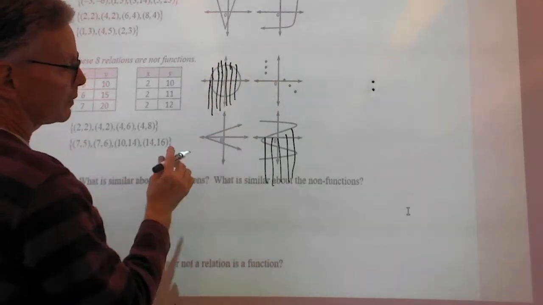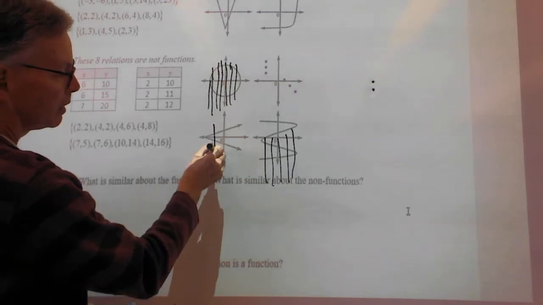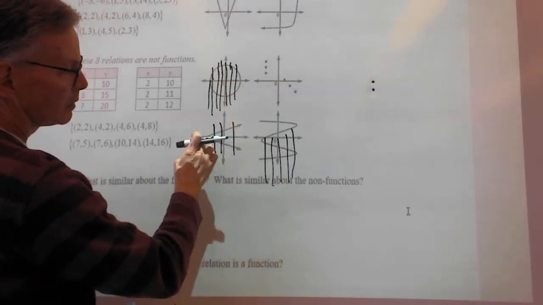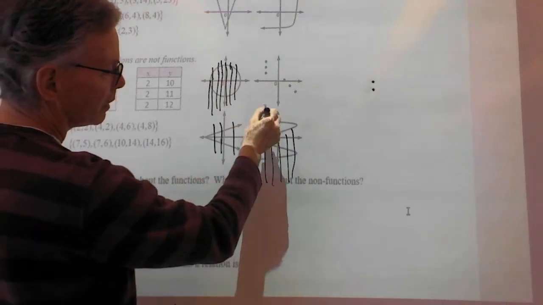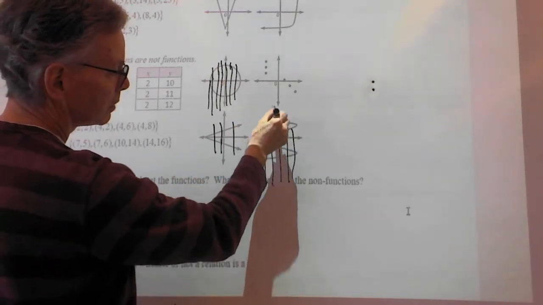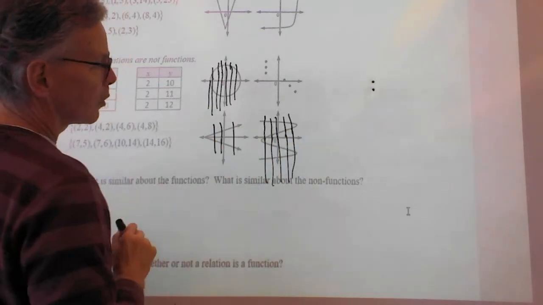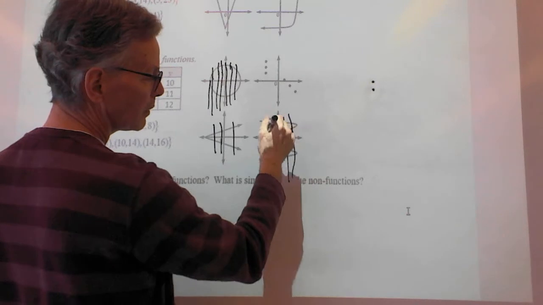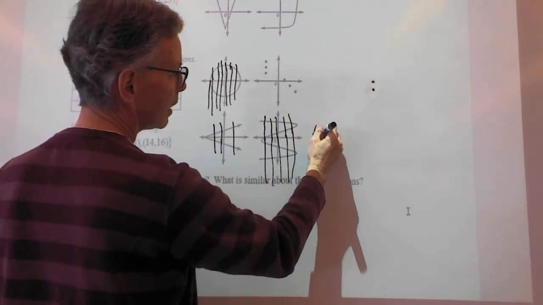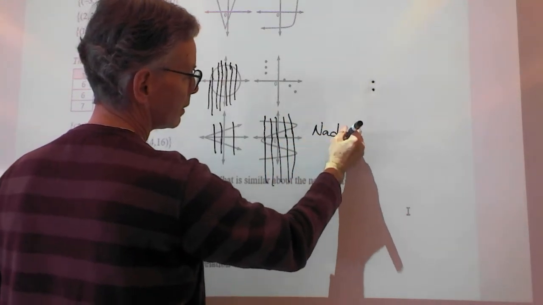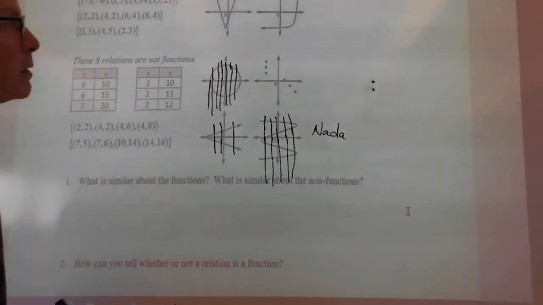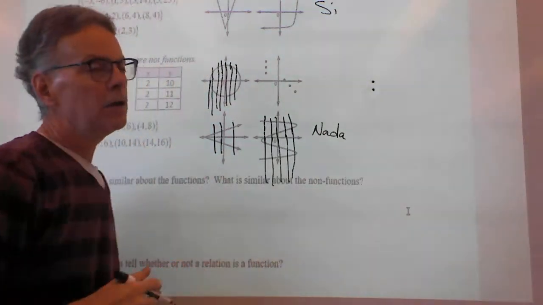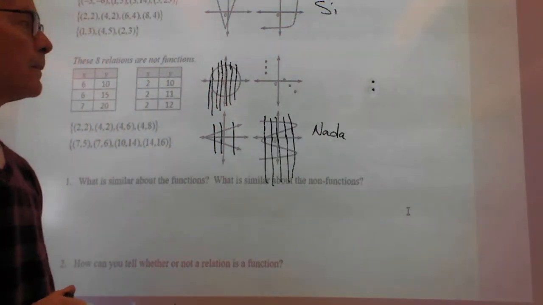Similarly with this one, it crosses more than once, and this one, it also crosses more than once. Okay? So, if a vertical line crosses it more than once, we say nada. It's not a function. If it only crosses once, we say sí. It is a function. Okay?